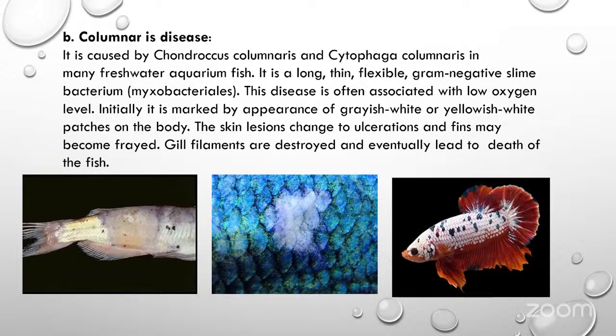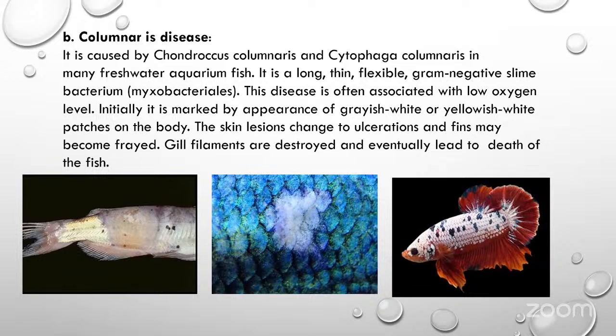This disease is often associated with low oxygen level. Initially, it is marked by the appearance of grayish white or yellowish white patches on the body. The skin lesions change to ulcerations and fins may become frayed. Gill filaments are destroyed and eventually lead to death of the fish.